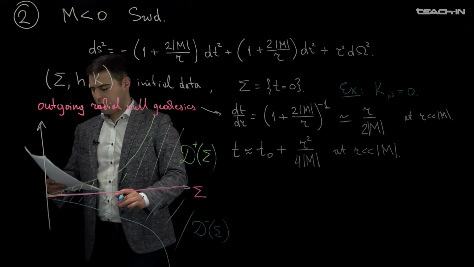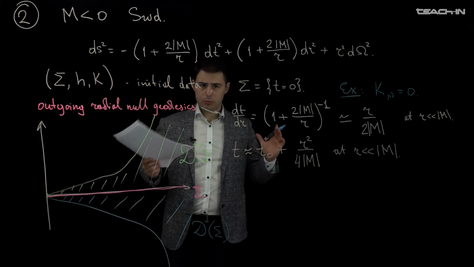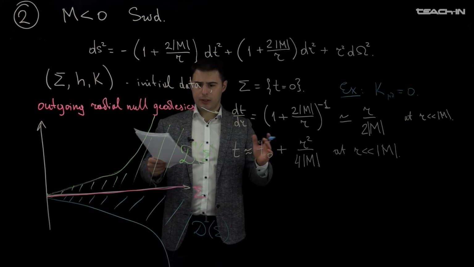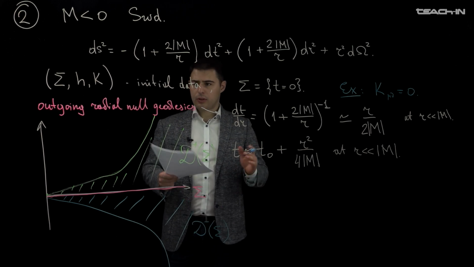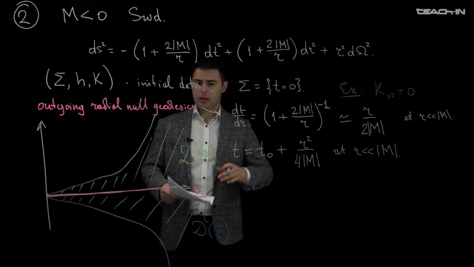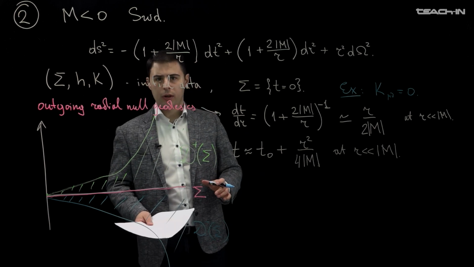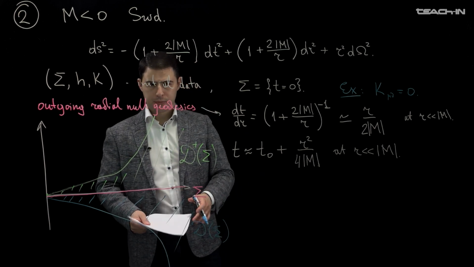Of course, this is not the whole space-time. Just to recollect and emphasize it again, the initial data would predict the geometry of the space-time only in the given domain.